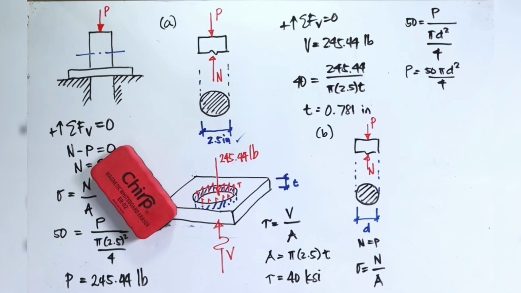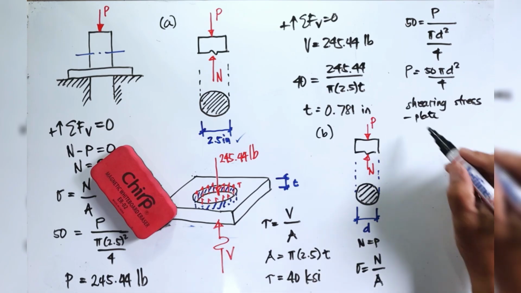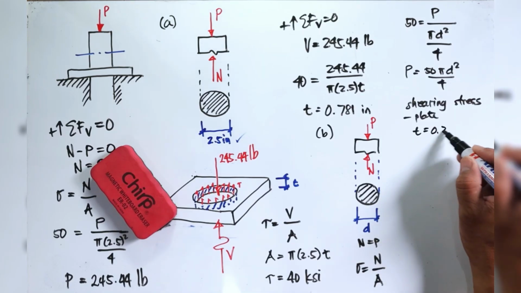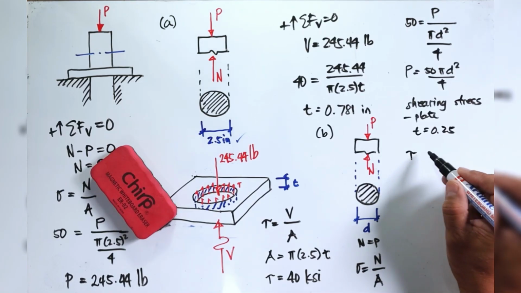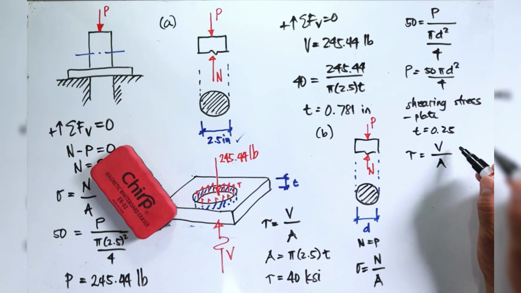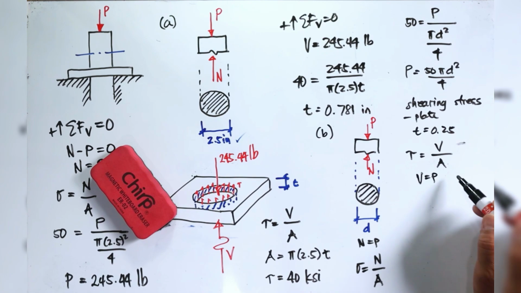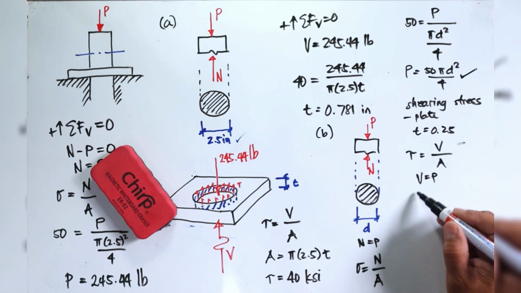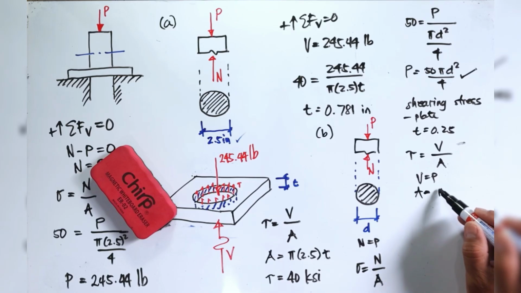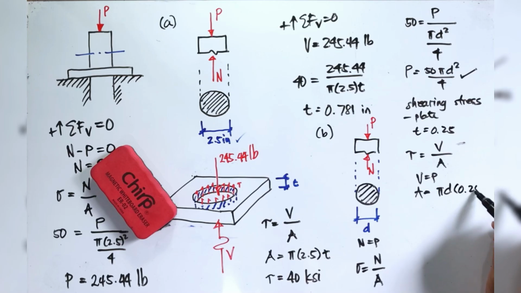Now, in shearing stress, so this is for the plate with thickness equals 0.25. Now, shearing stress is shear force over area. Shear force is equal to P, which is this one. Okay? The area is the perimeter pi d, where d is unknown, times the thickness of 0.25.